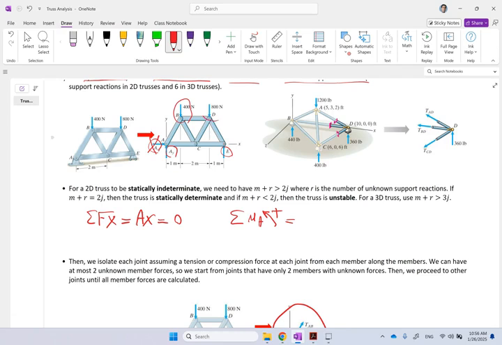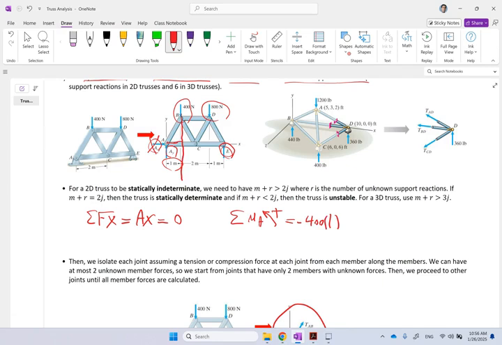There are only 3 forces that create a moment about A, and those are these guys. This 400 is clearly creating a clockwise moment, so that's going to be negative 400 times the distance for it, which is this 1 meter. That's the normal distance between the point and the line of action of the force. So it is that 1 meter.